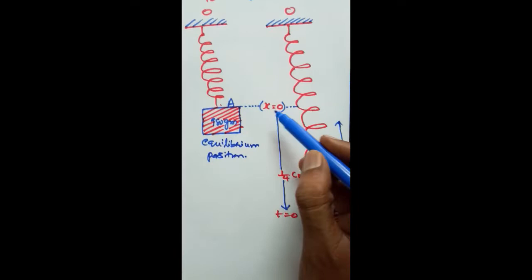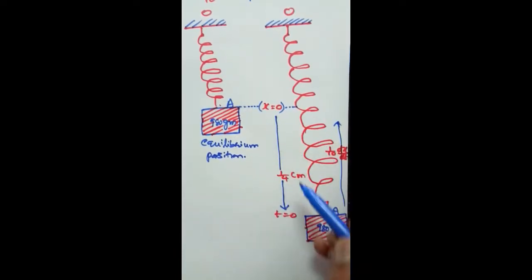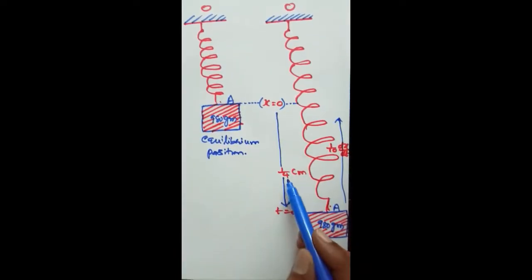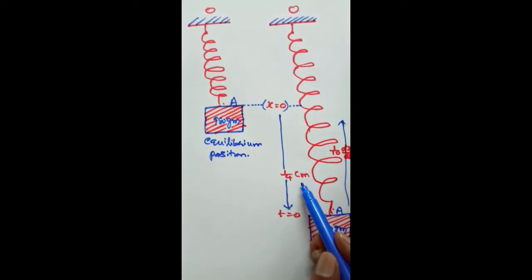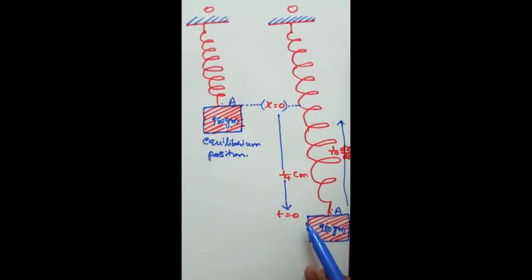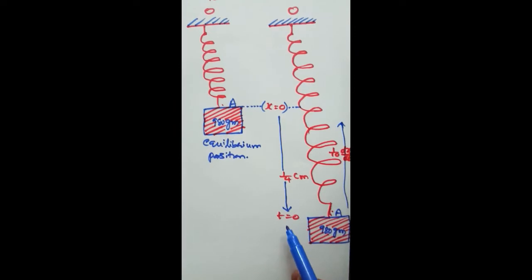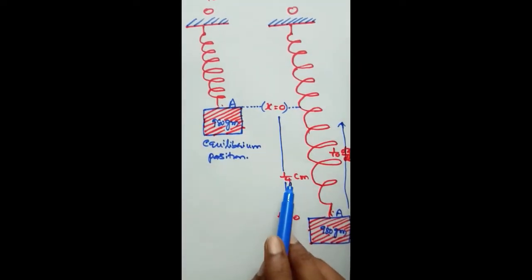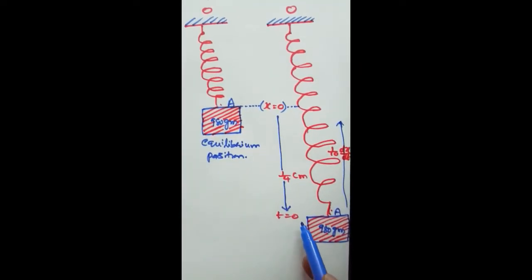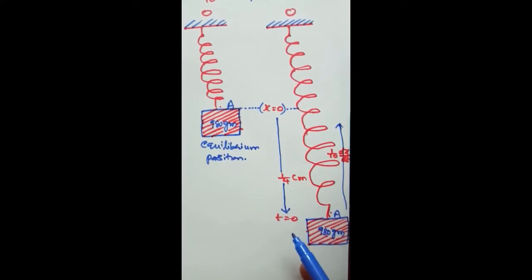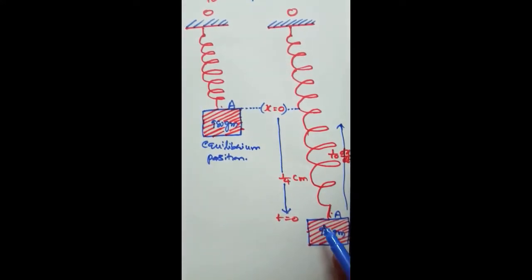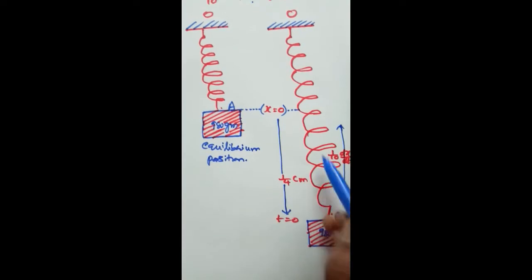Now from this equilibrium position, the body is pulled down 1 by 4 centimeters and then released. This is the initial condition at time t equal to 0. After that, oscillations occur.